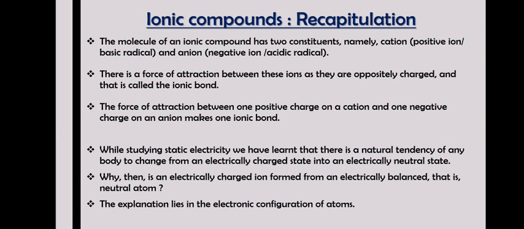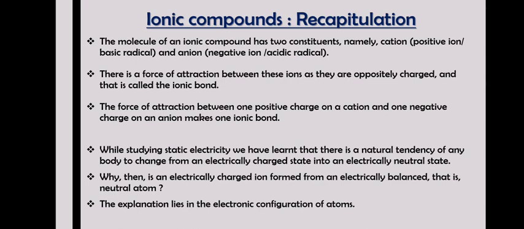Now while we studied static electricity, we learned that there is a natural tendency of any body to change from an electrically charged state into an electrically neutral state. Why then is an electrically charged ion formed from an electrically balanced, that is a neutral atom?